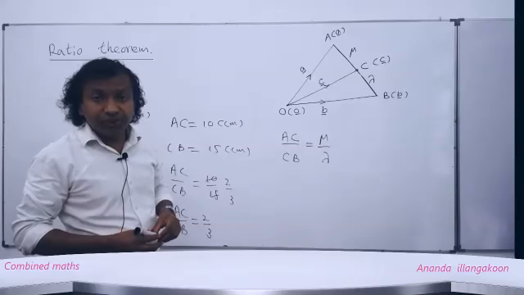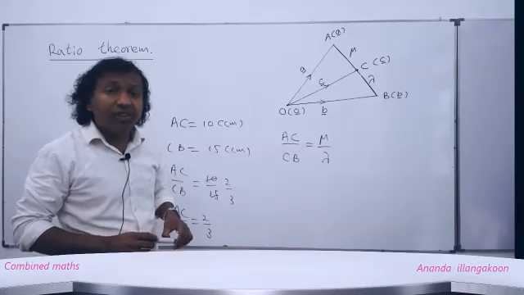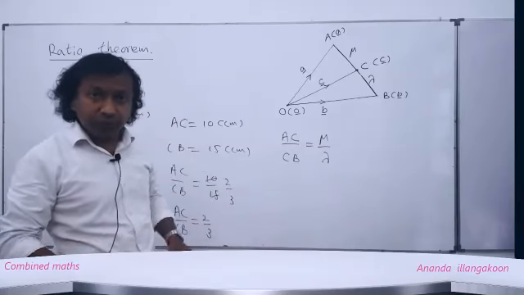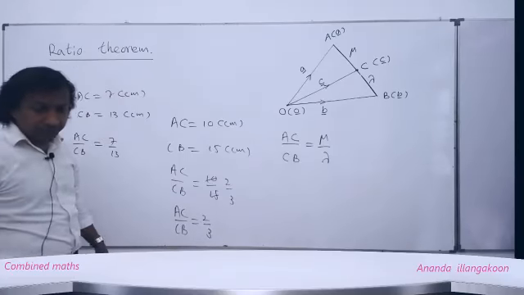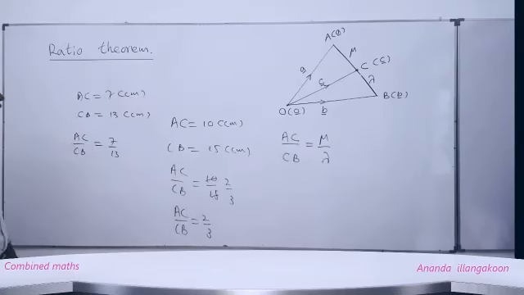So that result giving the simple C vector is called the ratio theorem. Understood? Right. And then people will write under this ratio theorem like this. Write down one sentence.